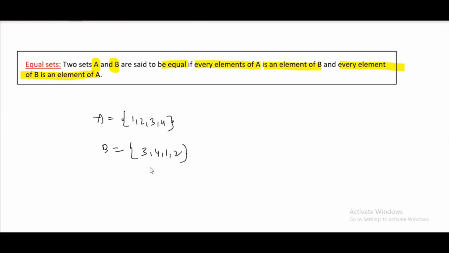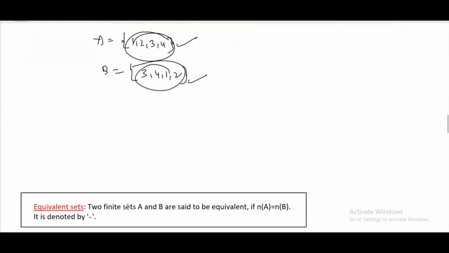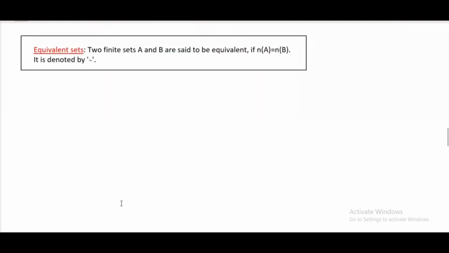Here the number of elements is the same, 4 elements, and the elements present in the sets are also the same. These kinds of sets are called equal sets.